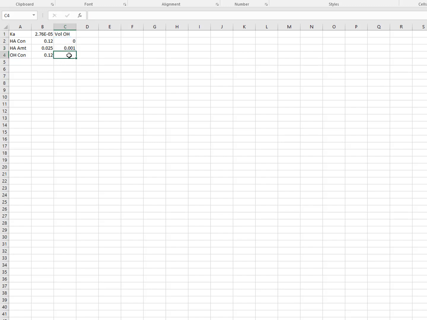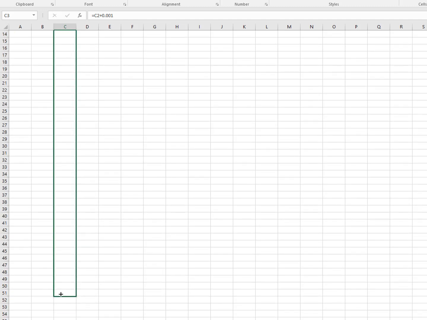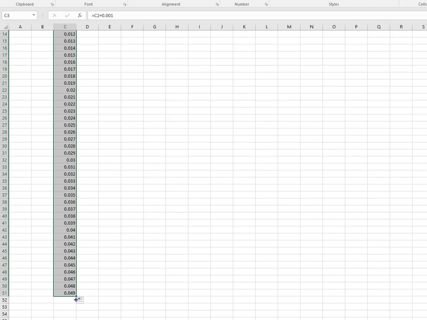That means this cell is 1,000th more than that cell, so that's 1 milliliter. If I take this little thing and drag it down, it becomes 0.002, because it is 1 plus the cell above it. That's an easy way to do this, and I can take that all the way down to about here, so that's how I can get 50 milliliters put in very easily.